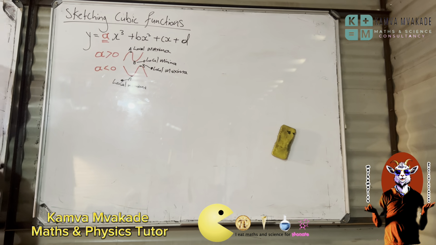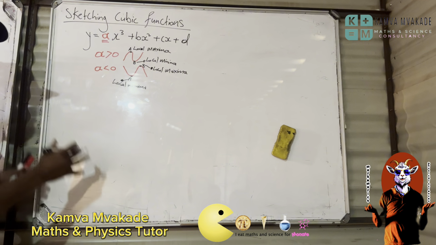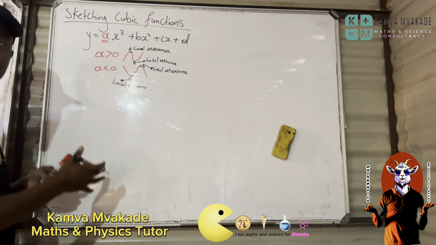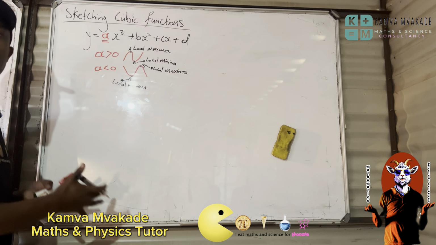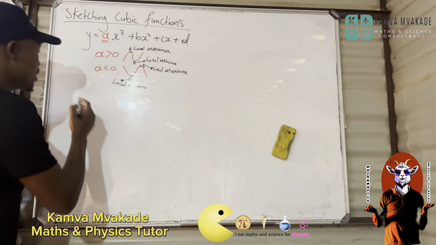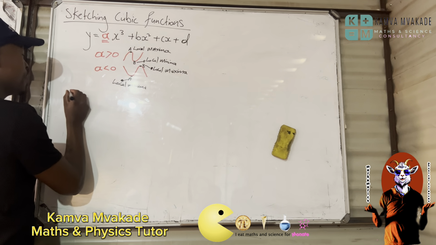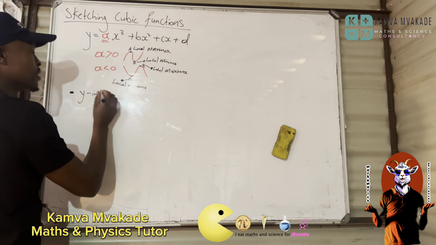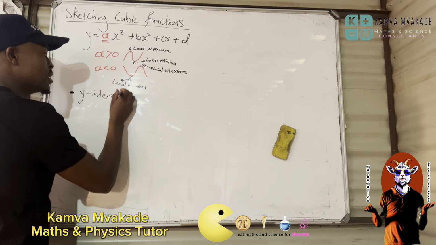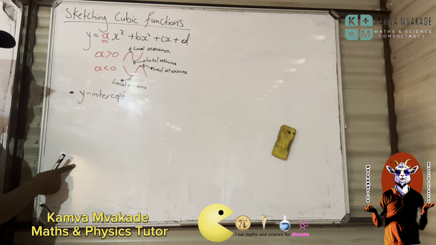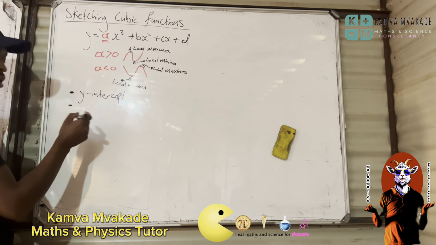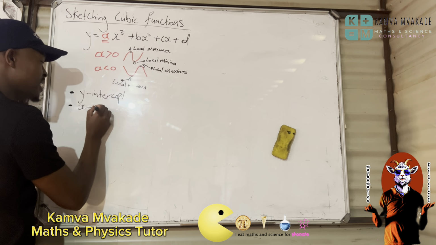Now, the points we need to sketch any graph, like a parabola or a straight line. Number 1, the y-intercept. The second thing that we need to get is the x-intercept.